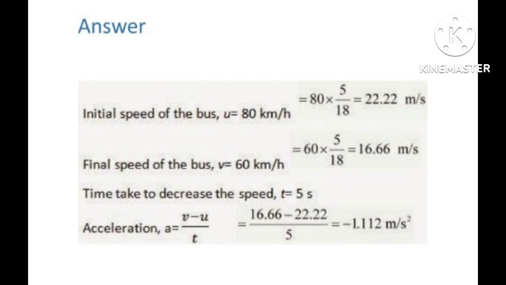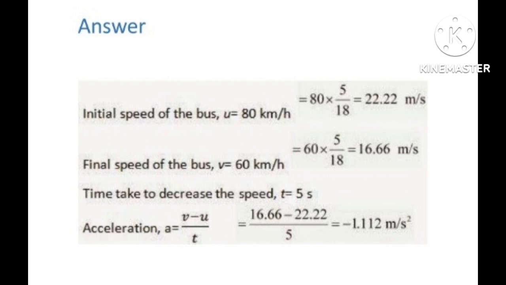We have to find acceleration. What is the equation for finding acceleration? a = (v - u)/t, that is change in velocity by time. We can substitute the values because we have v, u and t. So v is 16.66 and u is 22.22. a = (16.66 - 22.22)/5, so that will be equal to -1.112 meter per second square.